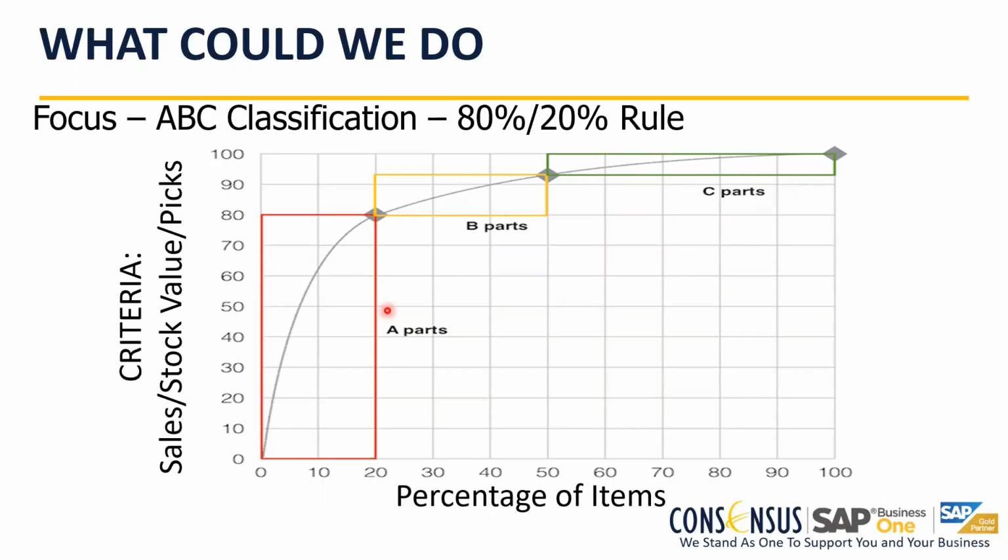Those might have a minimal impact on the total revenue, but these are popular items that many customers are requesting. And I could have some items, C parts, classified based on picking, or hit rate as it is called, that I don't sell that often.